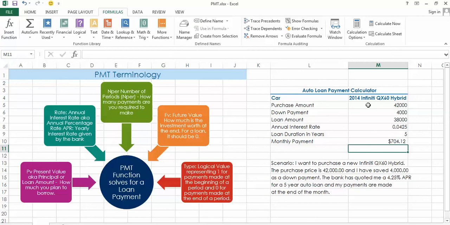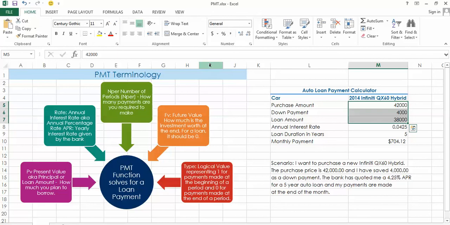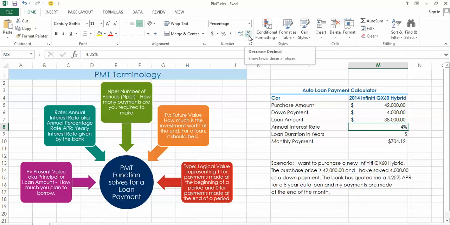And just to clean up a few things, I'm going to make sure that all of my currency has maybe the accounting format applied, and then for my annual interest rate I'll apply the percent, increase the decimal a couple of times so that they can see it's 4.25%, and of course we have our payment returns, the $704.12.